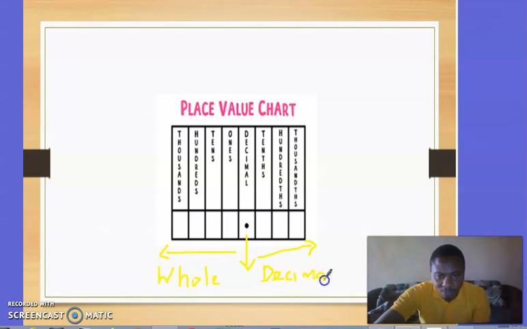So we're dealing here with the decimal part. So remember, the first number after the decimal point is always tenths.